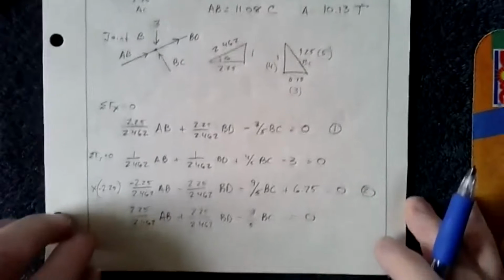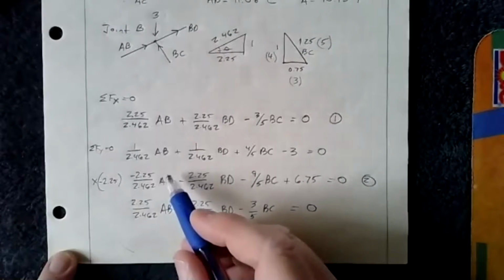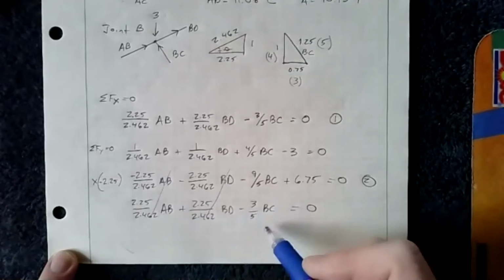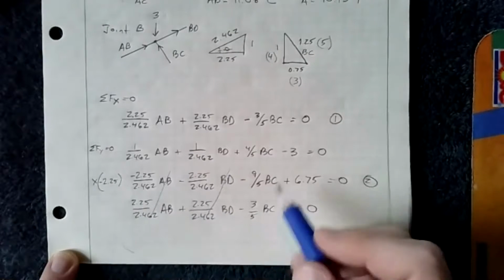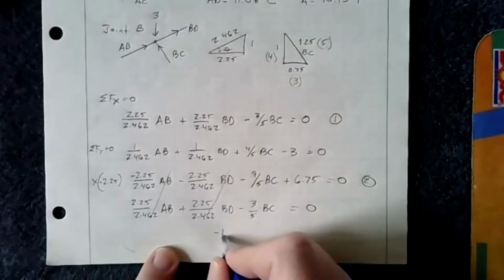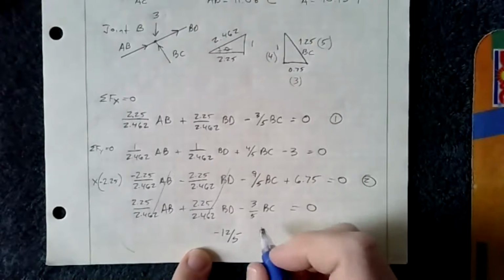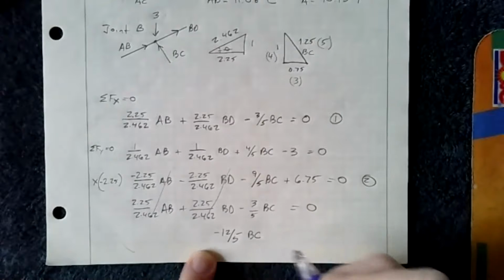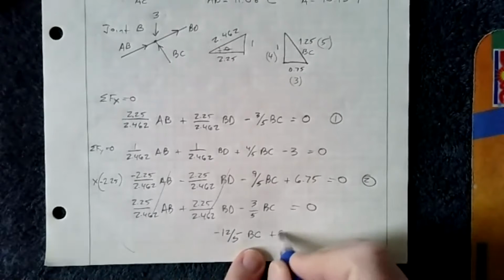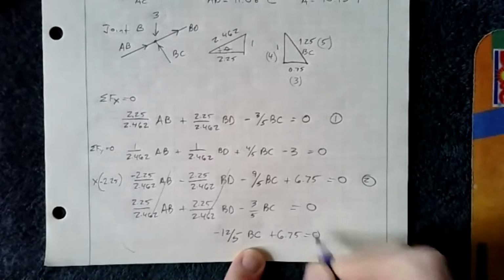So notice that if I add these, these two drop out, these two drop out, I end up with negative 12/5 BC plus 6.75 equals 0.